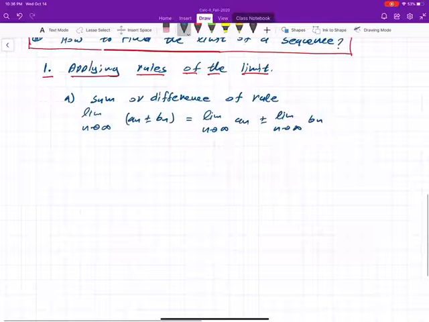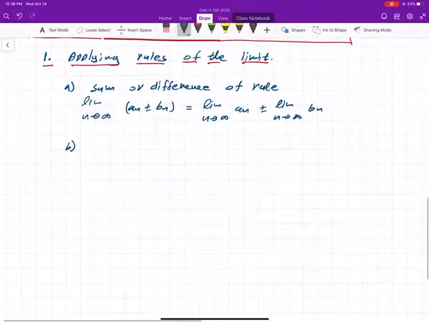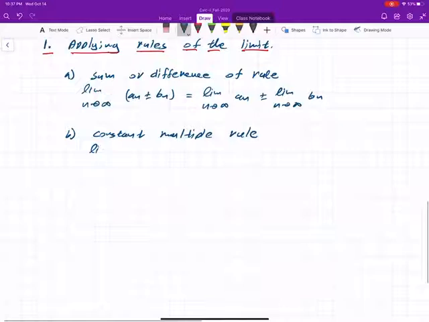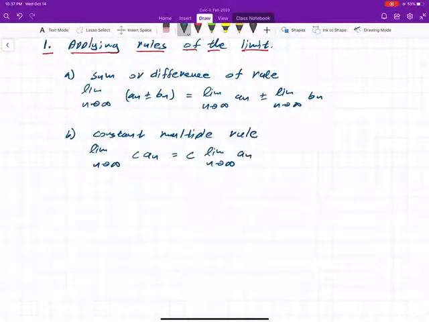That's part A. Part B is the constant multiple rule. Let's say you have limit n goes to infinity of c times an. That means an is multiplied with a constant which is c. So what you can do is get the c out from the limit and get the limit of an individually.